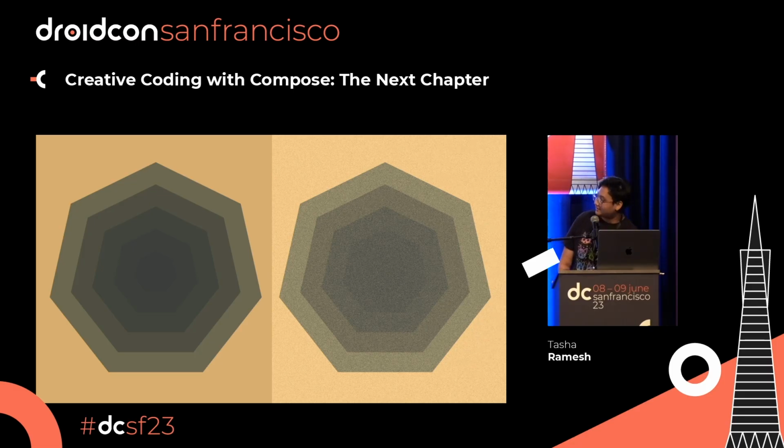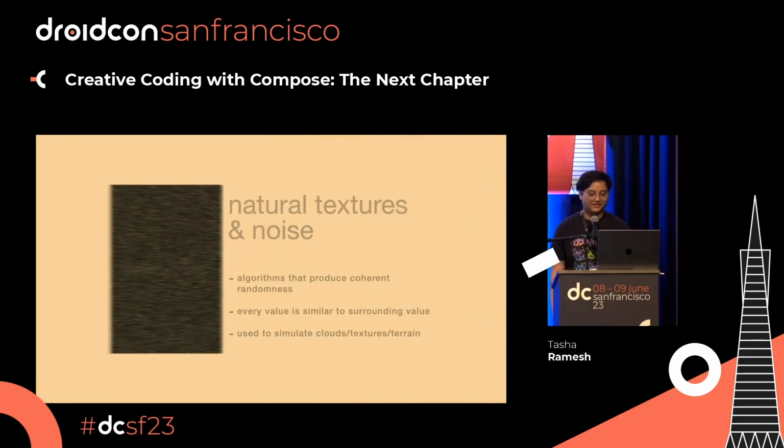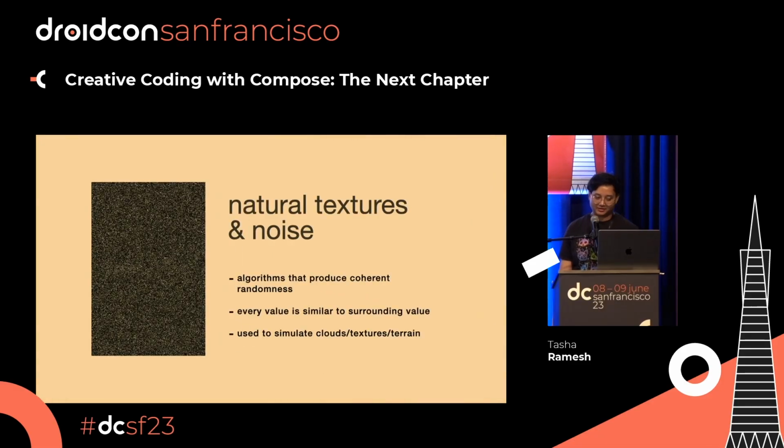Could we simulate the effect of ink on paper, for example, and create this noisy, grainy effect? And I use the word noise intentionally because it turns out that noise functions are really good at creating grainy, sandpapery textures, or any natural texture. So let's take a look at what noise functions actually are.